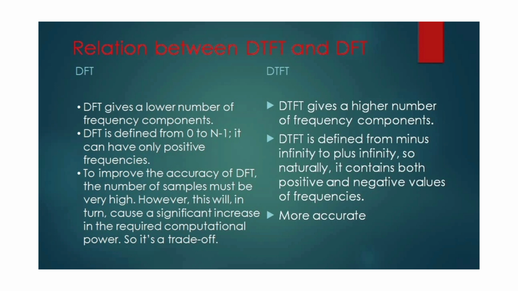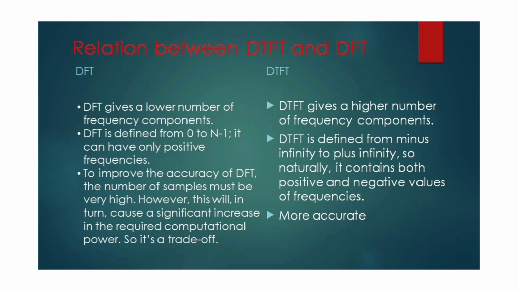So I am telling it is a low number of frequency components. A high number of frequency components is also there, but since I have sampled, I am telling it is a lower number of frequency components. And DFT is defined from 0 to N minus 1, so it has only positive frequency.